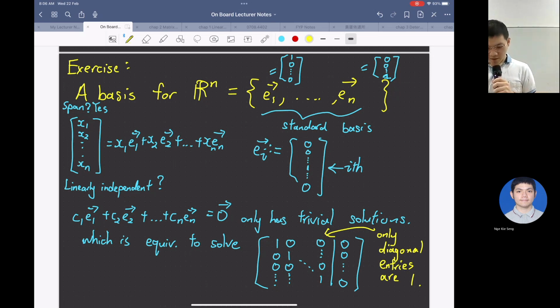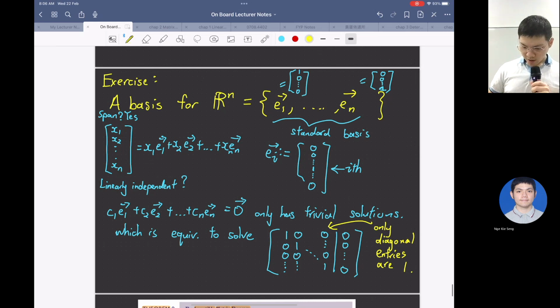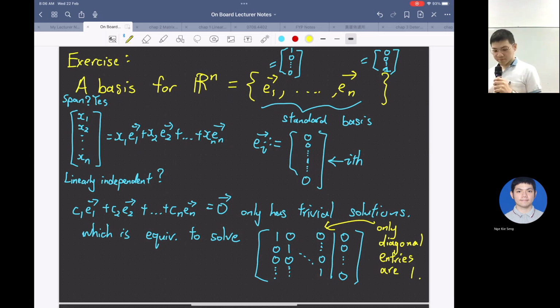So you can see that this e1 to en actually forms a square matrix. Okay, if linearly independent, so what's the determinant of this?